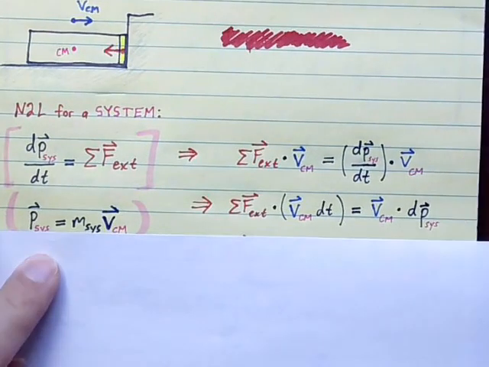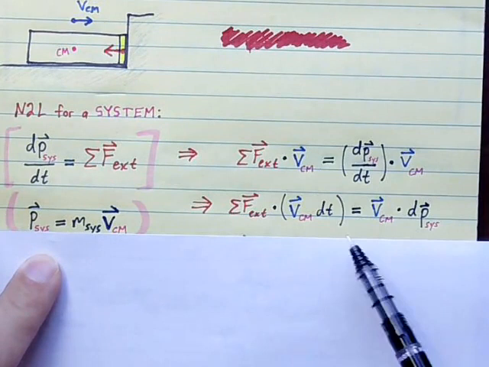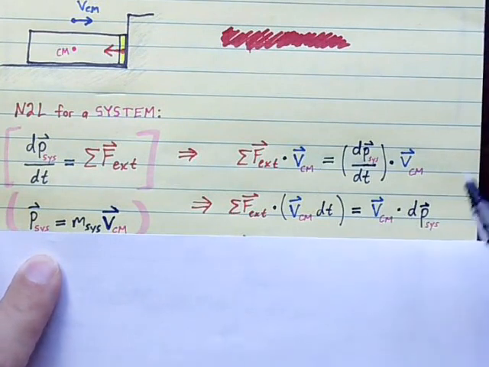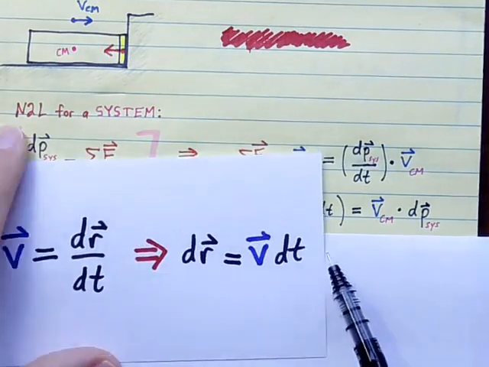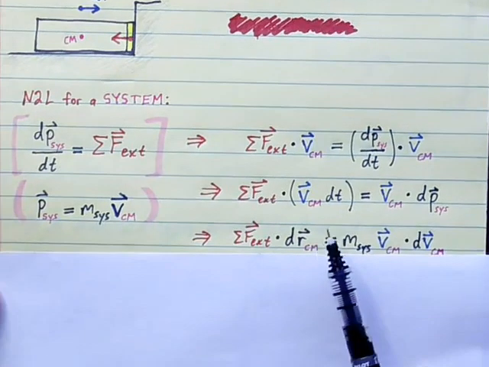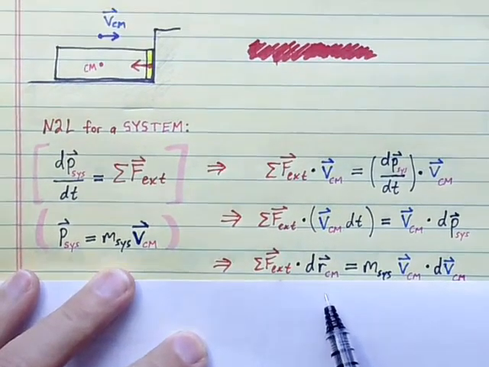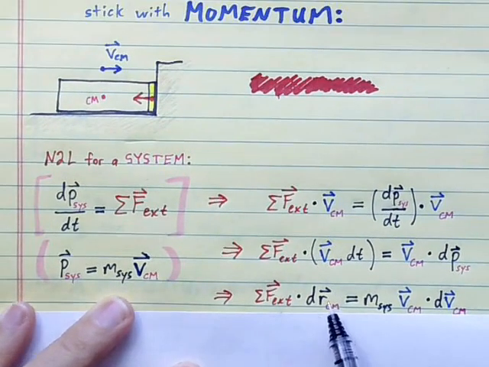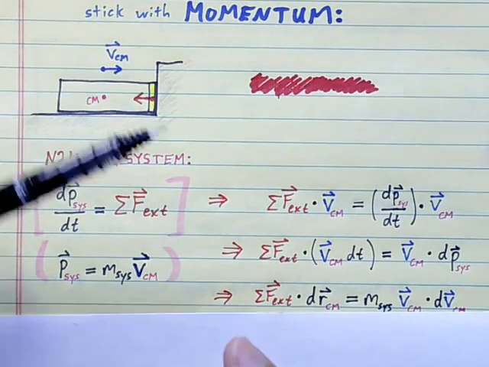Then I'll multiply both sides of that equation by dt, and note that VCM times dt is just dr, so the VCM times dt can be replaced with dr cm, that is the instantaneous infinitesimal displacement of the center of mass as the block moves.